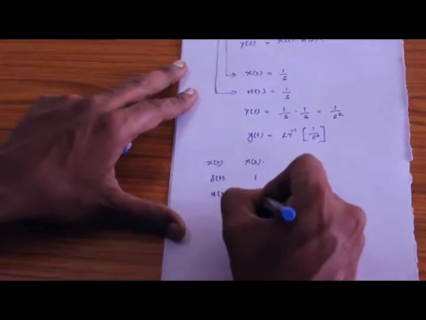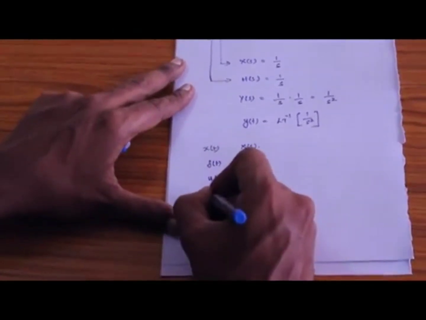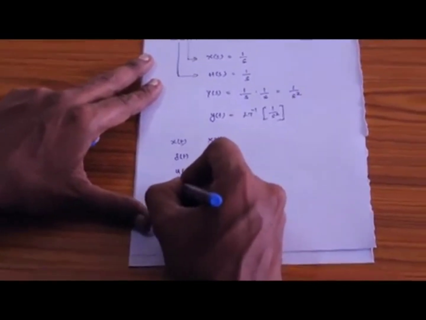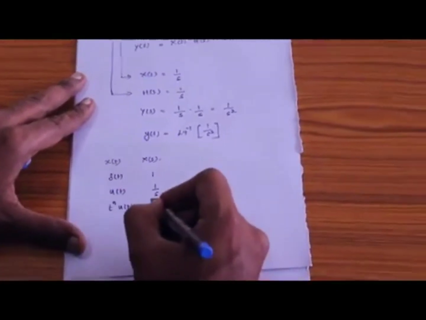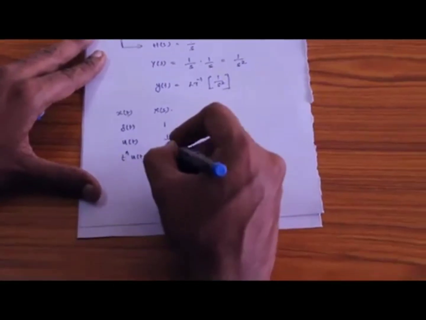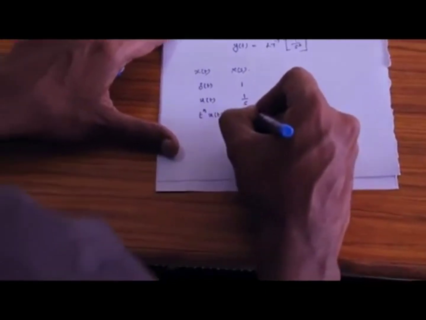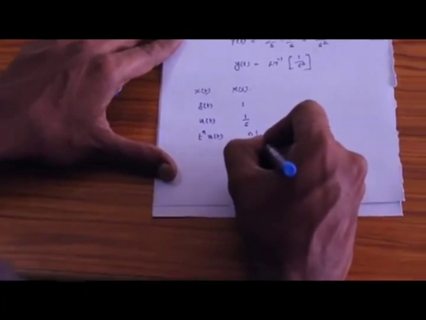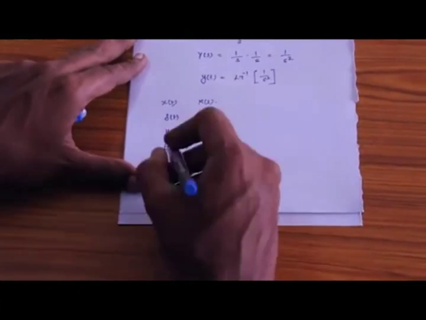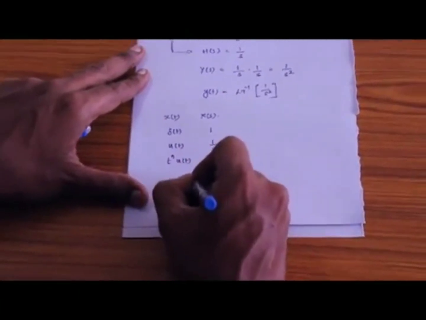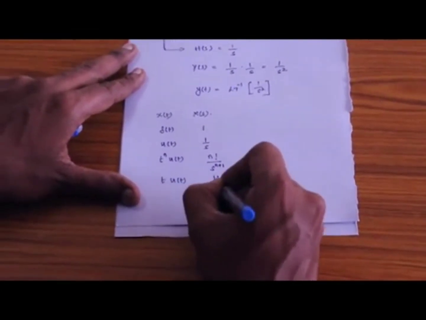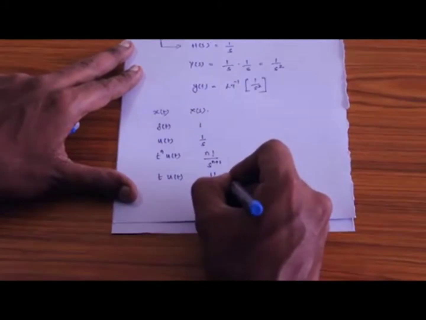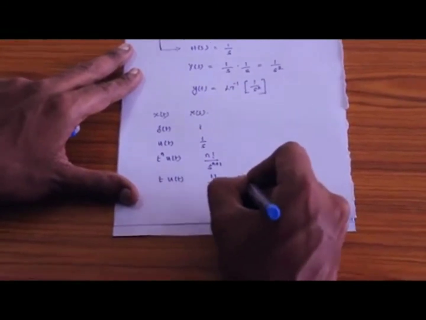It is 1 by s. And what is the Laplace transform of t power n u of t? As per the property, it is n factorial divided by s power n plus 1. So if it is t into u of t, it is 1 factorial by s power 2, that is equal to 1 by s squared.